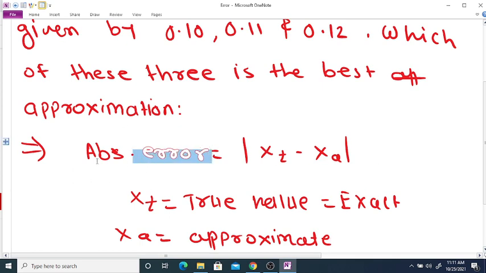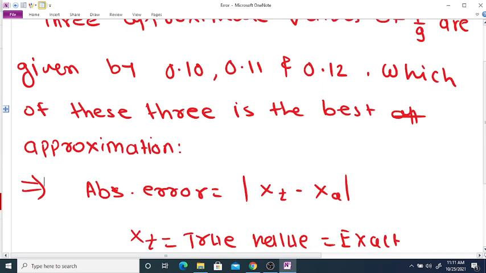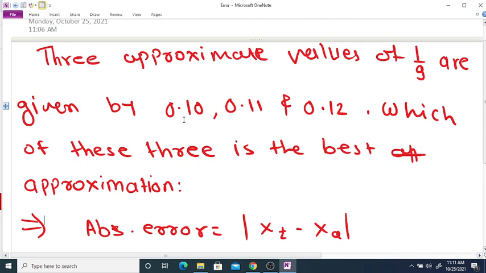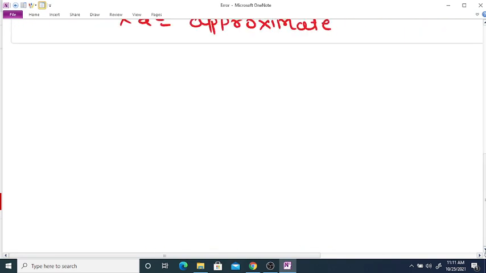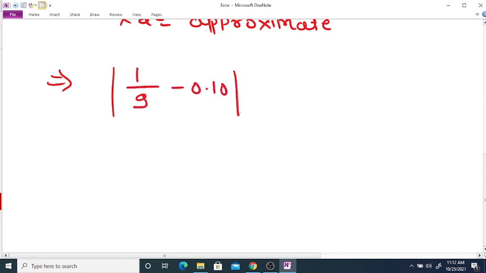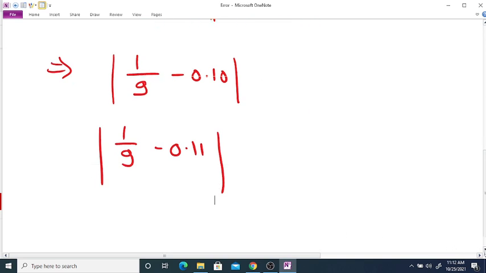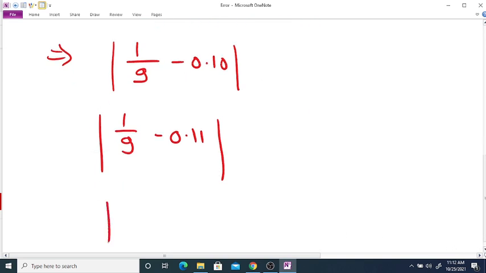and if the absolute error is less, then that is the best approximation of the given number. So first we are going to determine the absolute error for these three approximations. First is 1 by 9 minus 0.10, the second is 1 by 9 minus 0.11, and the third one is 1 by 9 minus 0.12.